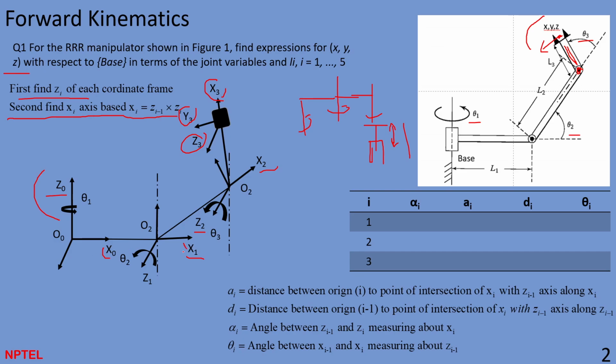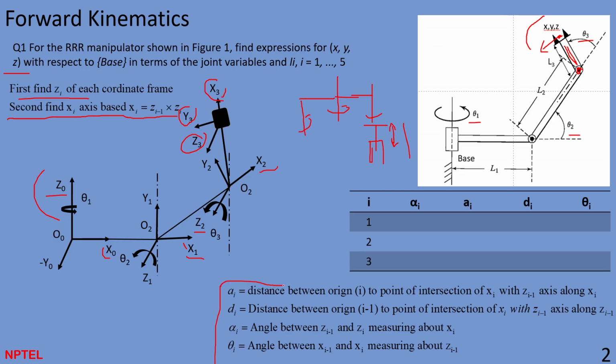So when you find x naught, x1, x2, x3, you need to get the y axes. Using the right hand thumb rule, you will get y naught, y1, y2. And if you got this, you need to fill the DH parameter table.